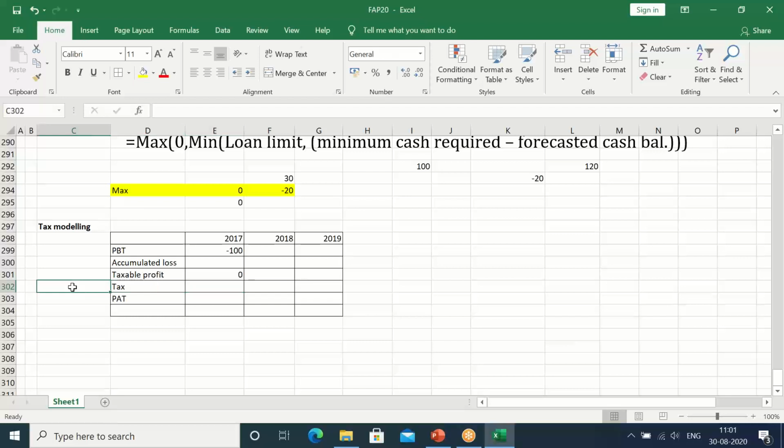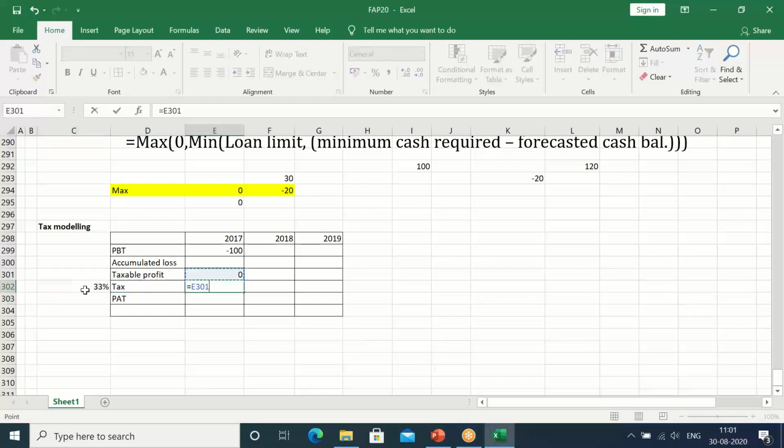Yes, sir. And let's say the tax rate is 33%. So hence my tax for the 2017 is 0 taxable profit into 33% tax rate. Hence my PAT is minus 100.